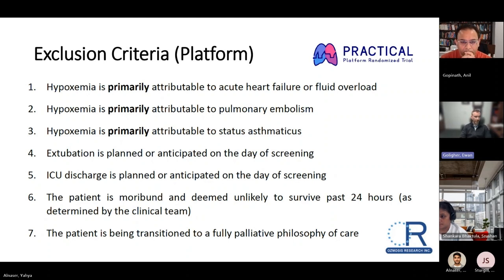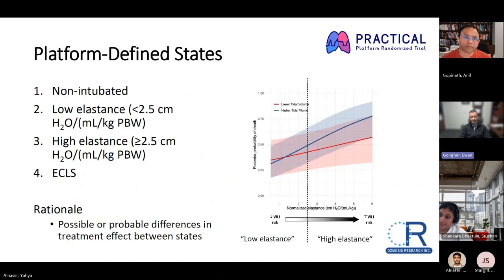So this is our pragmatic way of getting at ARDS. We don't require bilateral airspace opacity, so that's an important difference from the ARDS definition, but otherwise we're after causes of hypoxemia related to parenchymal lung injury. Patients are also excluded if extubation is imminent or if ICU discharge is imminent or if death is imminent and/or the patient's being transitioned to a palliative philosophy of care.